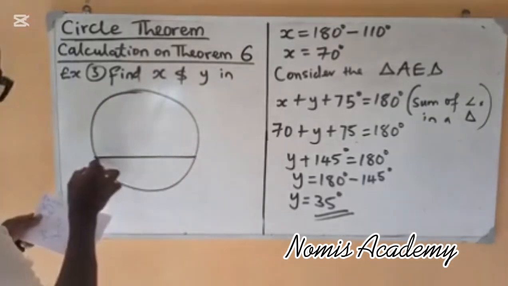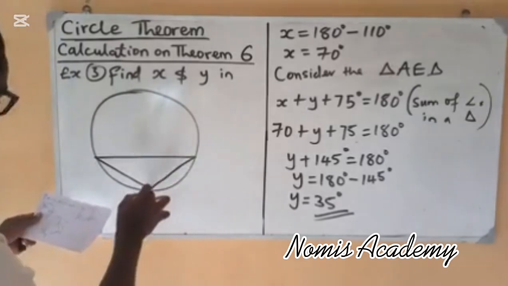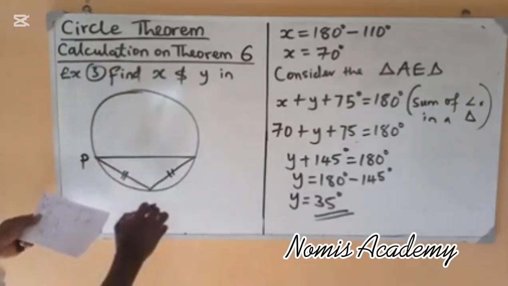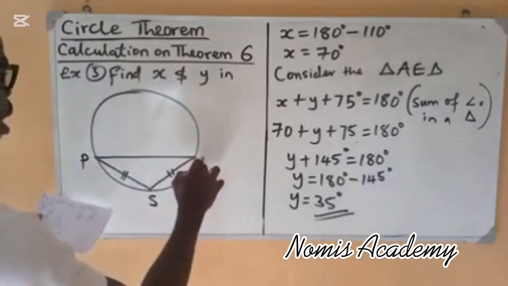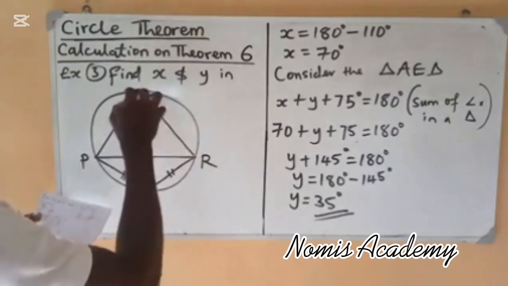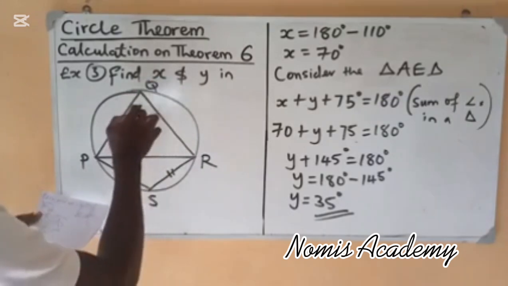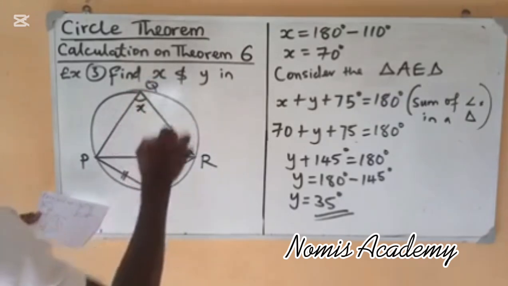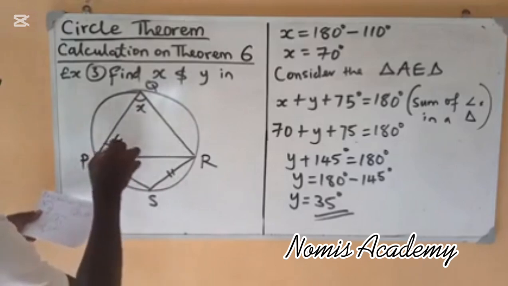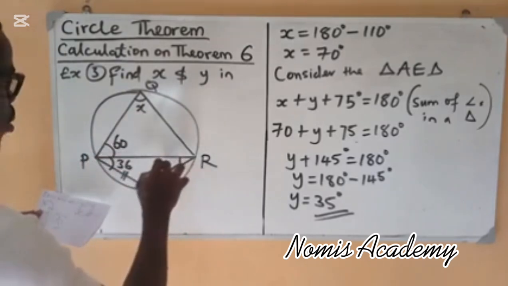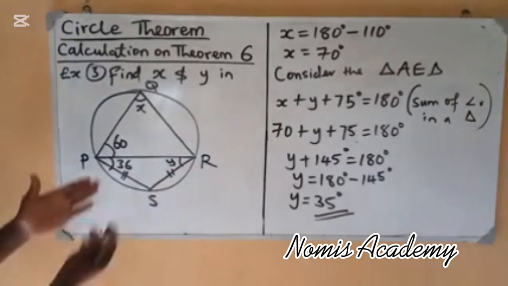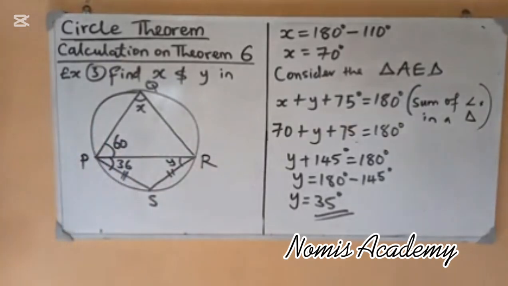We have P, S, R, and then we have another point this way, and this is Q. This is called X. The angles are 36, 60, and Y.